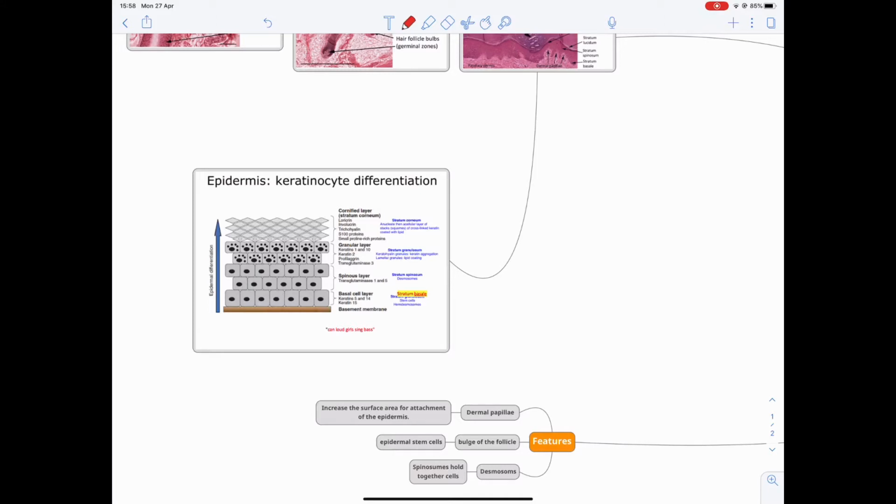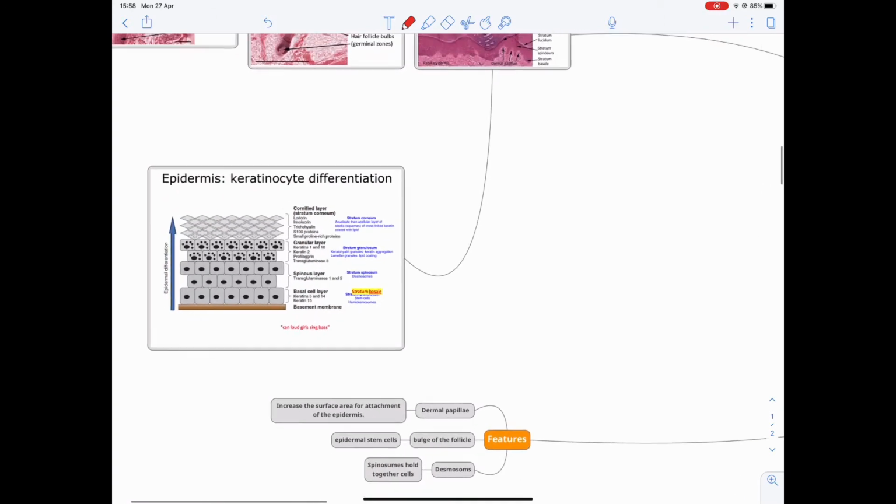But the next layer is the spinous layer, which is the majority of the layer. And why it's called spinous is because all the skin cells are connected with what we call desmosomes or hemidesmosomes.